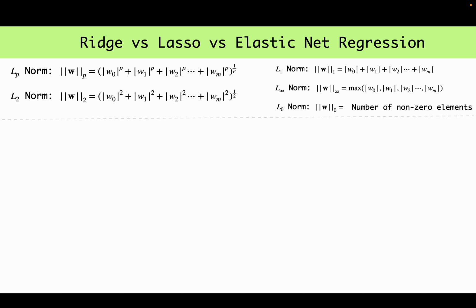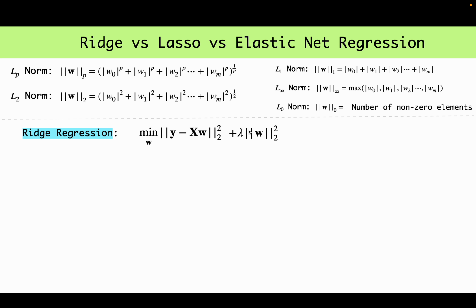Now let us see how these norms can be used to constrain our unknown vector W and obtain the solution. Among the various ways of constraining W, we have three important ones which we are going to discuss here. The first one is ridge regression, where we have a similar minimization problem like the ordinary least square, but we have an extra term, called the regularizer, which is going to constrain the weight vector.